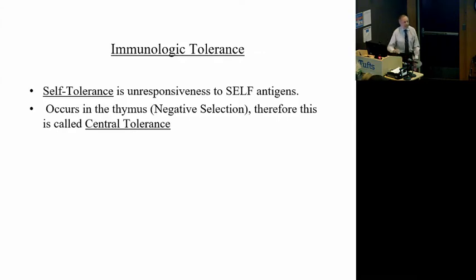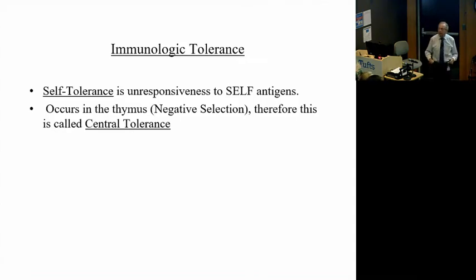Do you understand that we are unresponsive to self? You don't make, under normal circumstances, antibody to your pancreas, okay? You shouldn't make an antibody to the islets of Langerhans and get diabetes, okay? Because we have self-tolerance. We've got tolerance against self, okay?